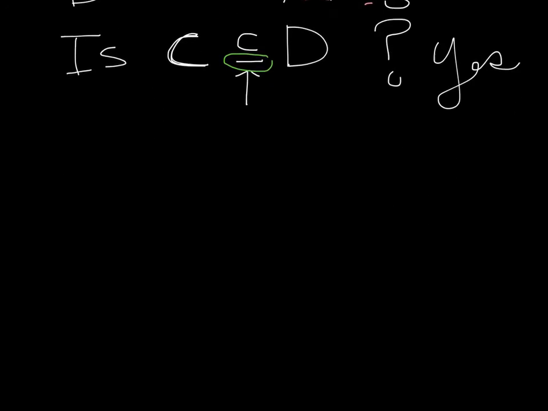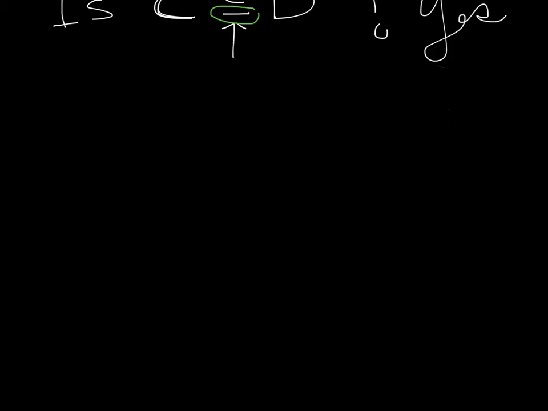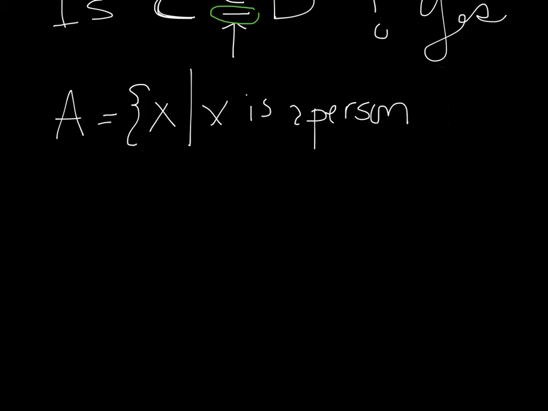All right, how about, let's try some set builder notation. Let's choose A and B again. Let A be, in set builder notation, the collection of all X, these general elements, such that X is a person and X lives in Atlanta.